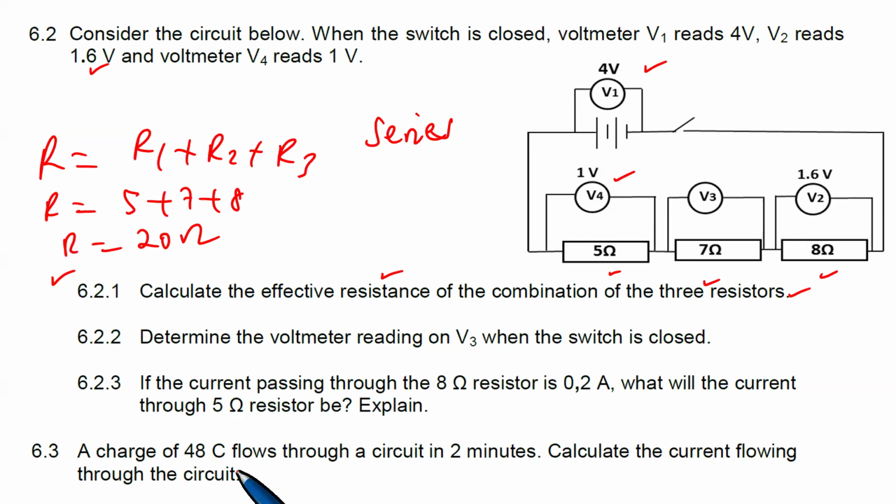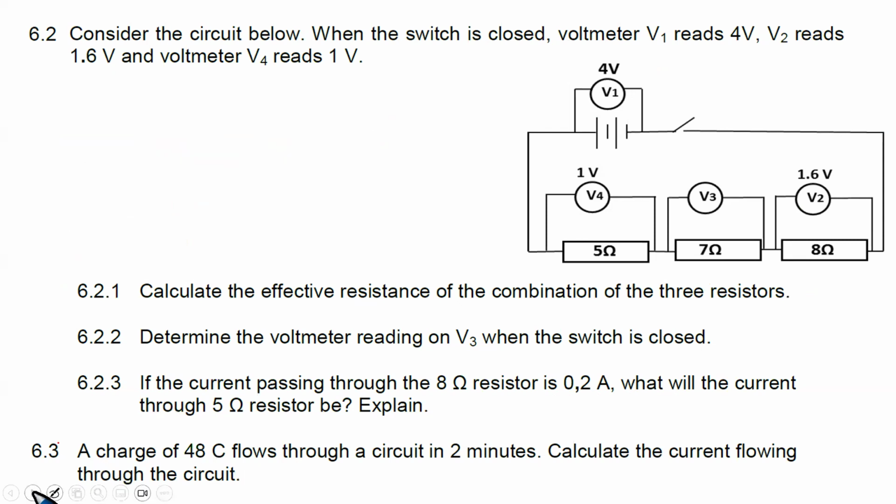Now we're looking at the next question, 6.2.2. We want to calculate the voltmeter reading on V3, the resistance here being 7 ohms.